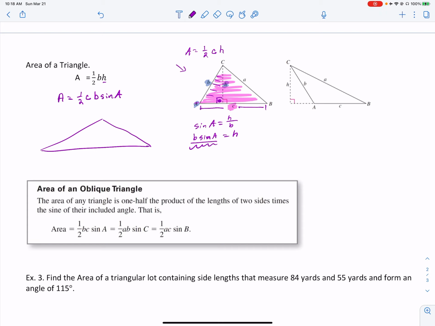Let's look at this a little bit. Here's angle A, so I know this angle. And if I know this side and I know this side, I can get the area of this triangle using this formula.